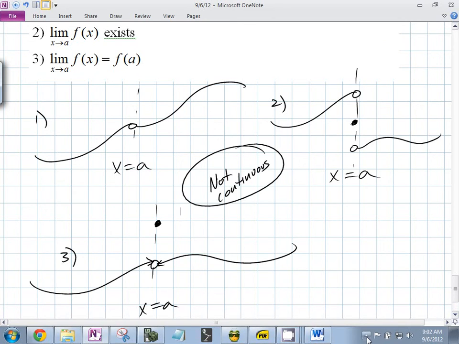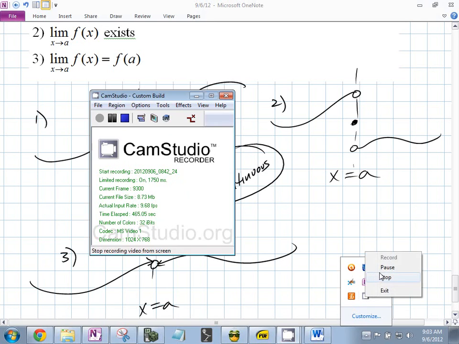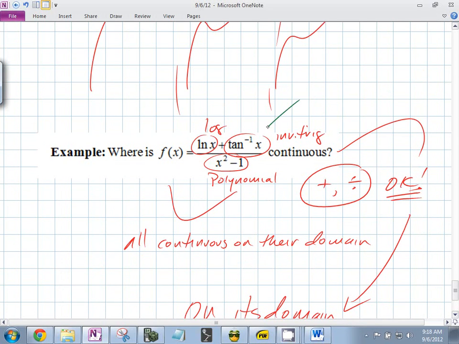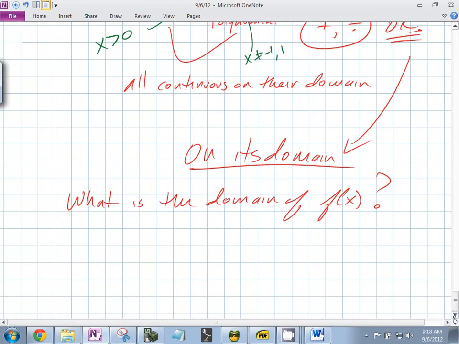For tan inverse, the domain is all real numbers. What about ln? It's x greater than 0, right? And because of this, what do we know? x cannot equal negative 1 or 1. So the domain is going to be x such that x is greater than 0, but x can't be equal to 1.